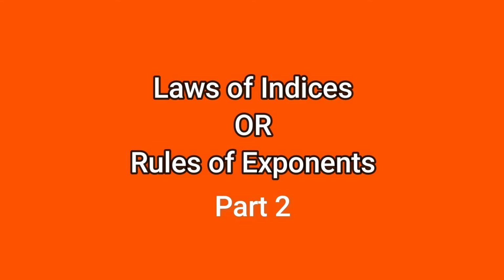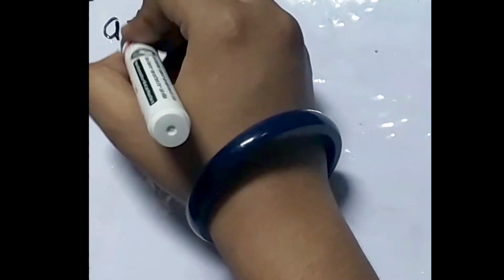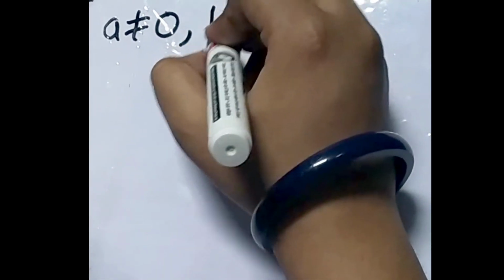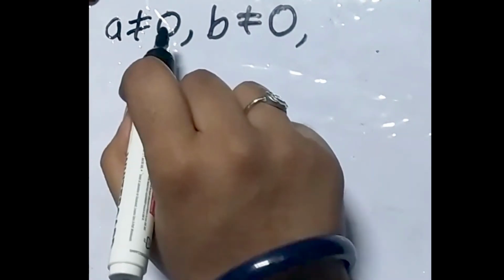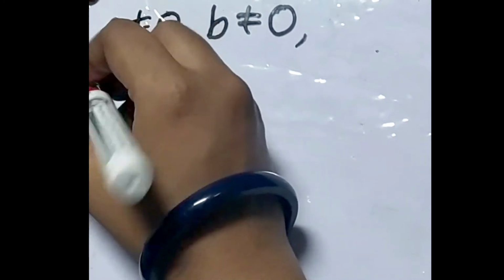So let's start. A is not equal to 0, B is also not equal to 0. A is a non-zero number, B is also a non-zero number.